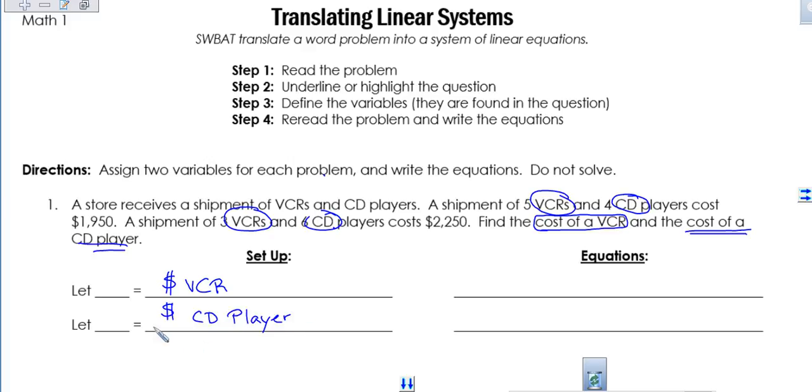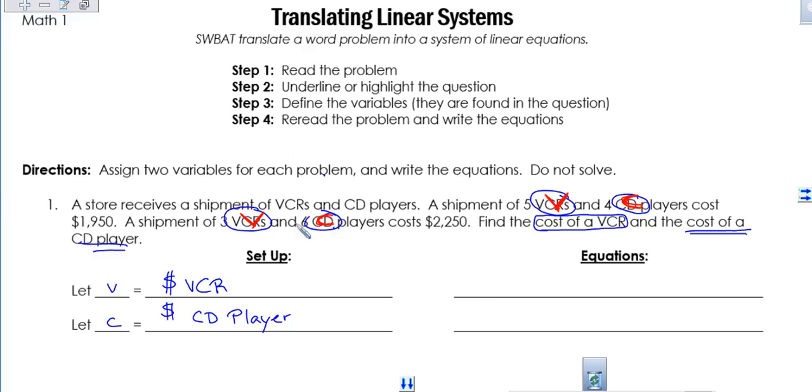So you want to come up with variables that will represent VCR and CD player. I'm going to use V and C as the variables. Then what you want to do is go through the word problem and change this to the letter V and the letter C, and then do that again here.